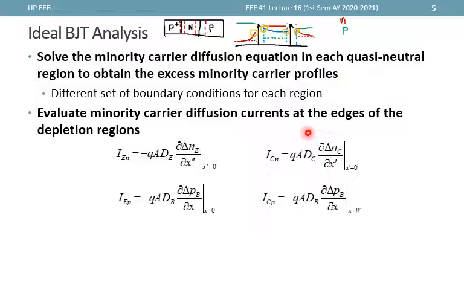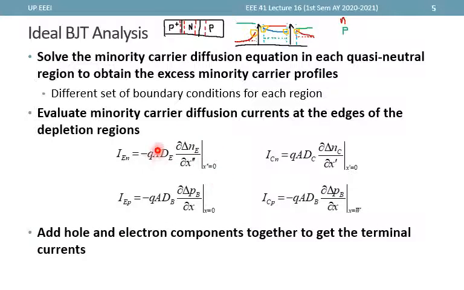The rest are based on x or x prime, and we don't need to add an additional negative sign. Now, once we get the currents at the edges, we can sum these two to get IE, then sum these two to get IC, then perform KCL to determine IB.